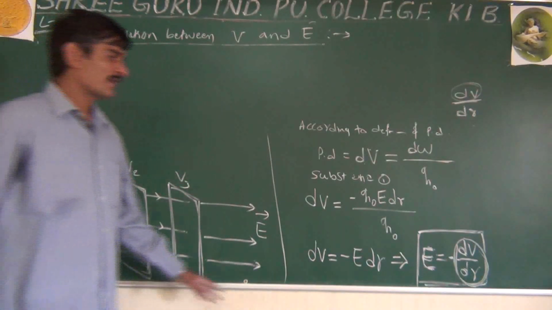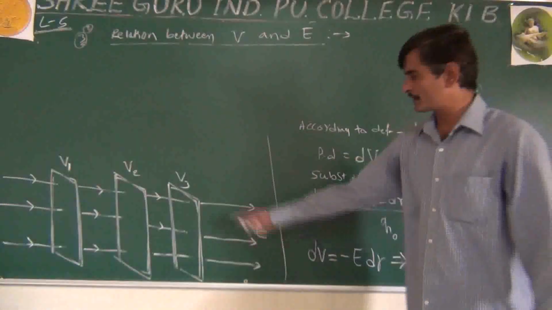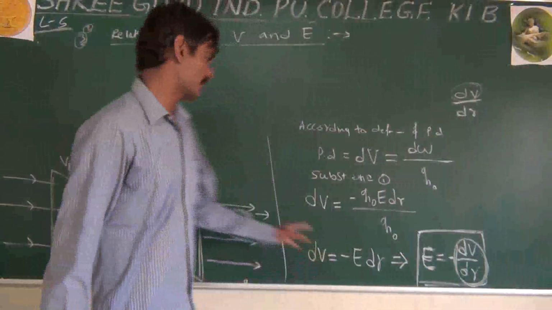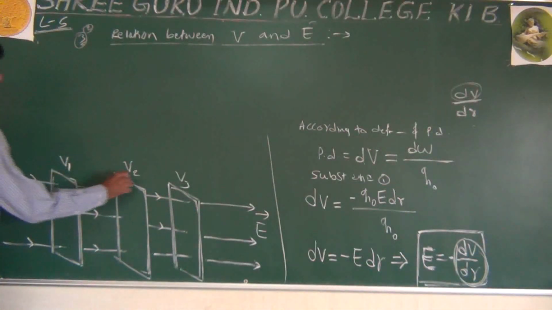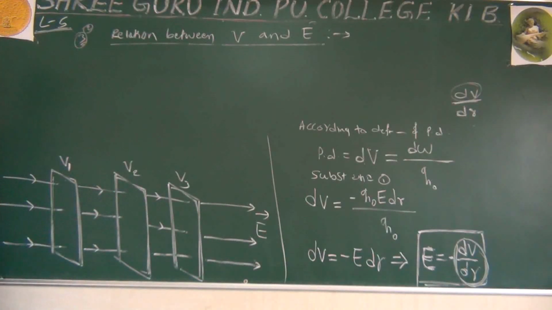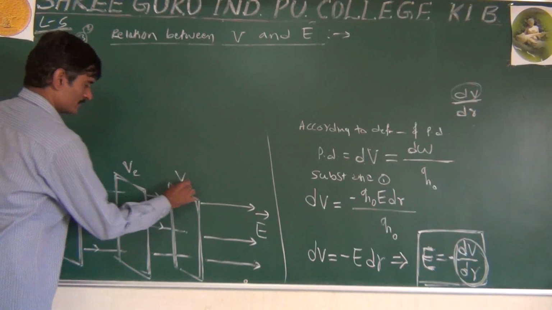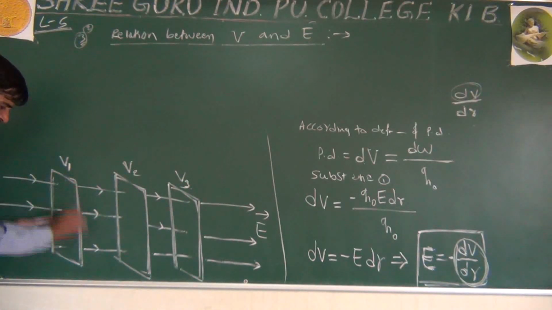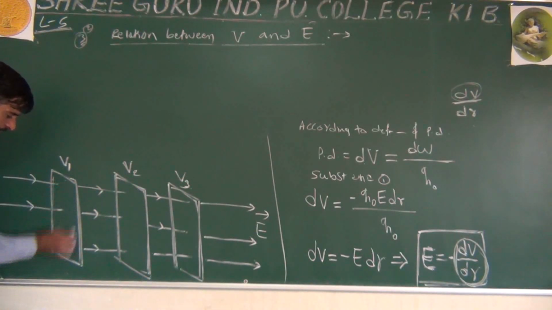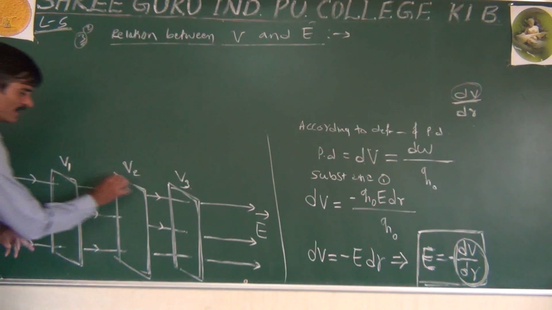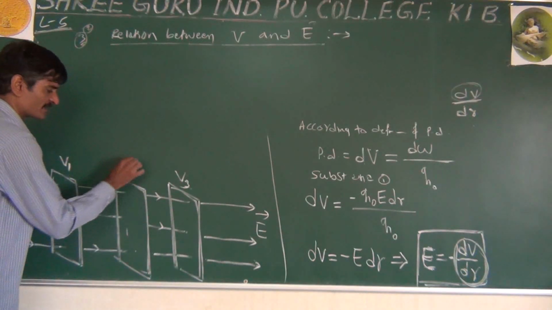Right? So now they have asked you one question. Out of this V1, V2, V3, which is larger or which is smaller? V1 is the potential on this surface. At every point of this surface, potential is V1. At every point of this surface, potential is V2.